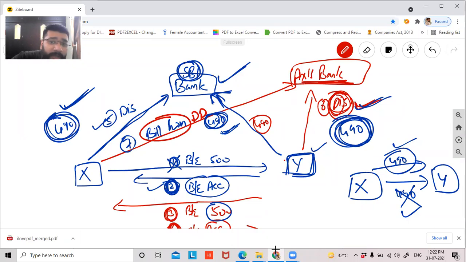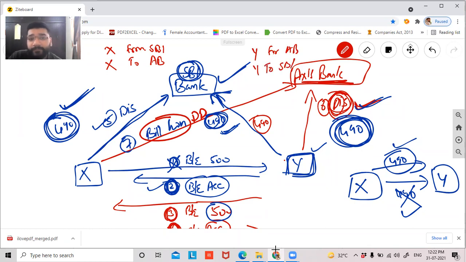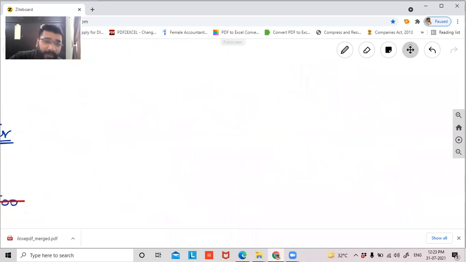So X is enjoying from SBI, and he'll have to pay to Axis Bank. Whereas Y is getting his bill discounted from Axis Bank, and Y will have to pay to SBI. Clear now? Yes, sir. Now guys, let's do the entry in the books of Y.